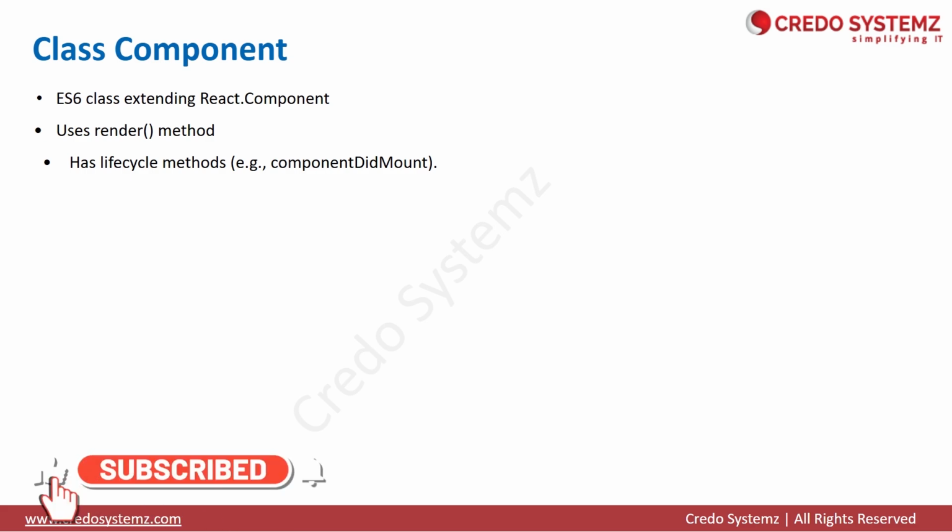Every human being has a life cycle. Likewise, the component also has a life cycle, and those lifecycle methods are available only for class components. For example, a lifecycle method for a class component is componentDidMount.